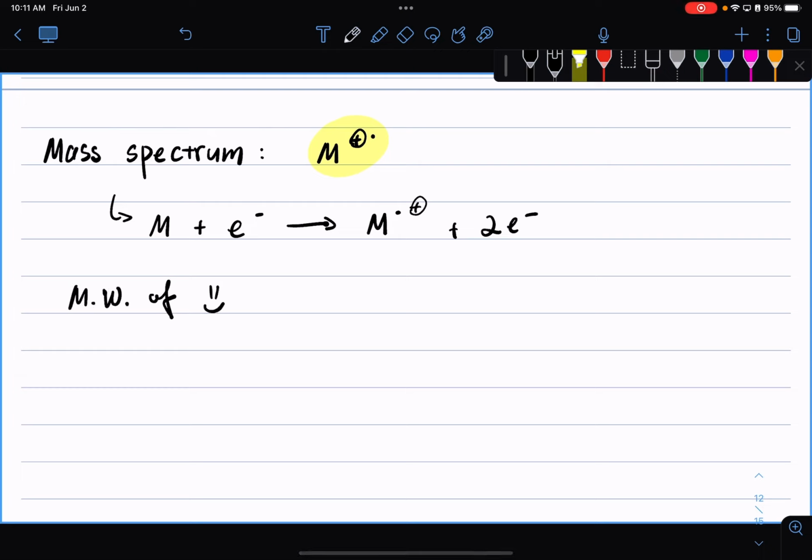So what we know is the molecular mass of my smiley face is, well, we have 3 peaks here: 284, 286, and 288. And their ratio is about 1 to 2 to 1.